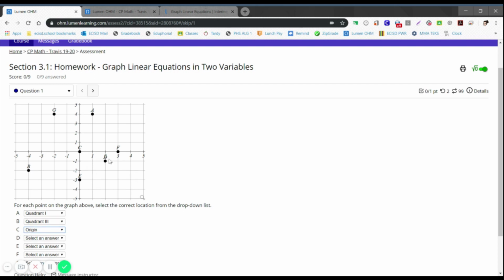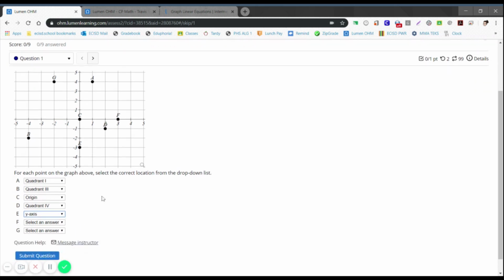D is in the bottom right, which is quadrant 4. E is located on the vertical line, which is the y-axis. F is on the horizontal line, which is the x-axis. And G is in the top left, which is quadrant 2.